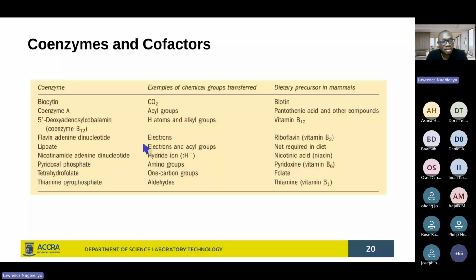Same way we see lipoate also involved in transfer of electrons and acyl groups. Another dinucleotide, nicotinamide adenine dinucleotide. You also see it in reactions, just written NAD. Sometimes you see NADH, NADPH.